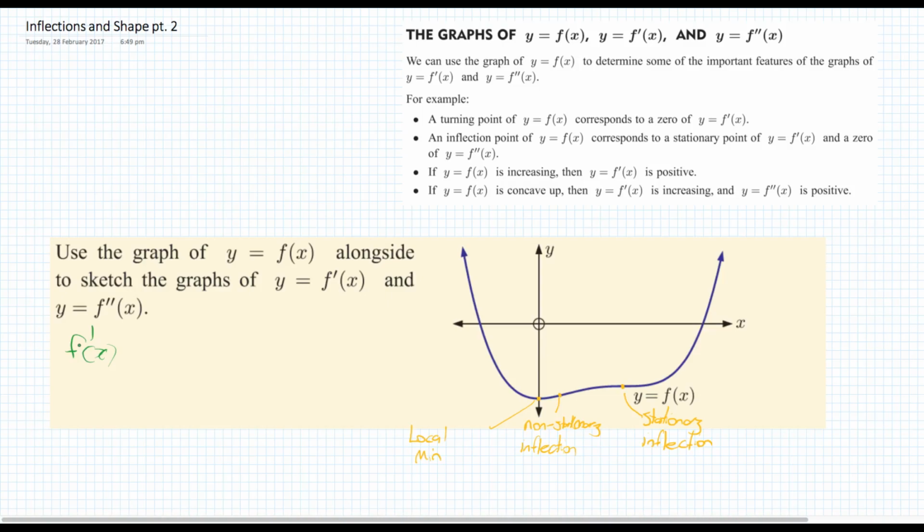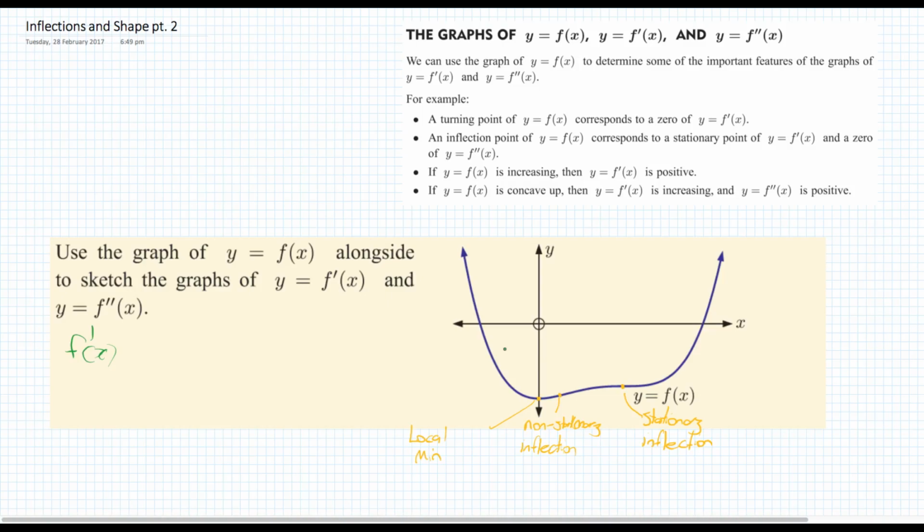So what is it doing around this local minimum point? Well, if we think back to when we were talking about what the sign diagram of our first derivative is doing around a local minimum point, we know that it's going to be negative and positive for a local minimum.